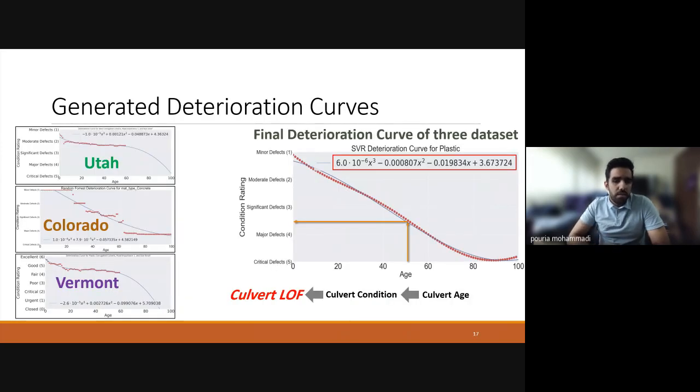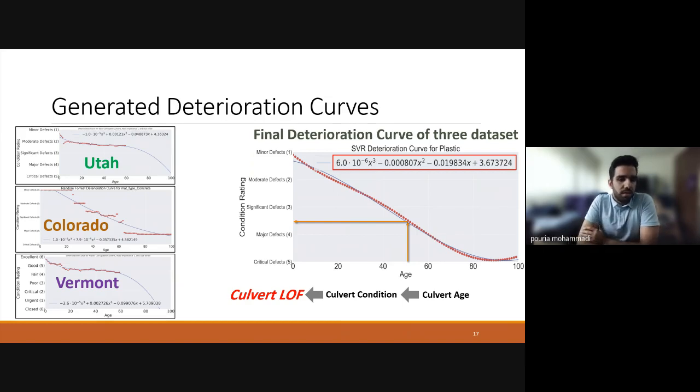We estimated the deterioration curves for each culvert separately and also for each type of culvert, and we developed a model based on the three datasets together.